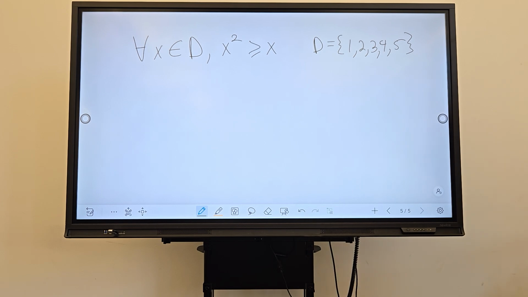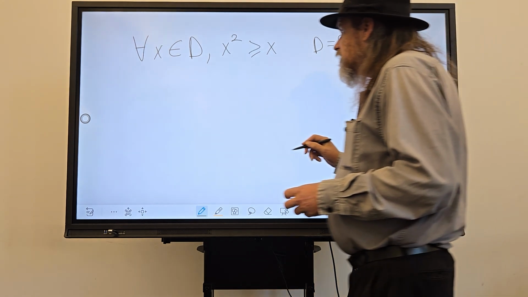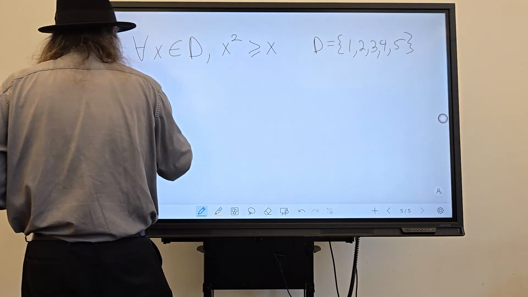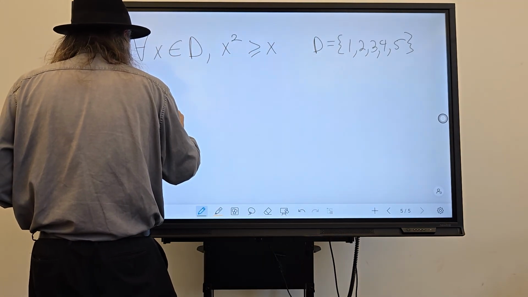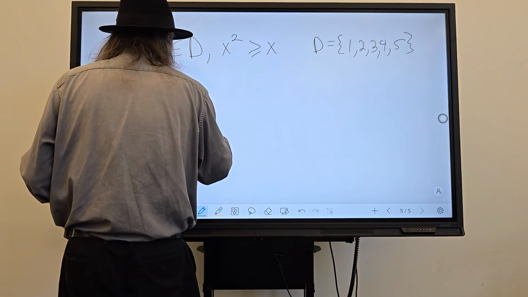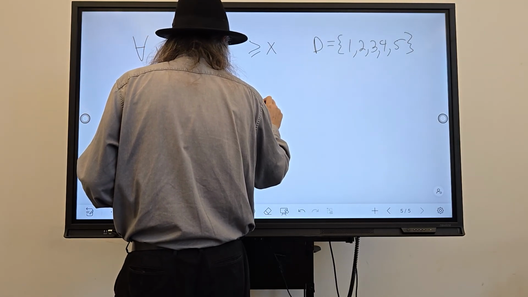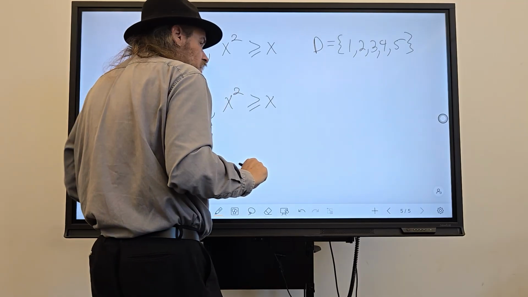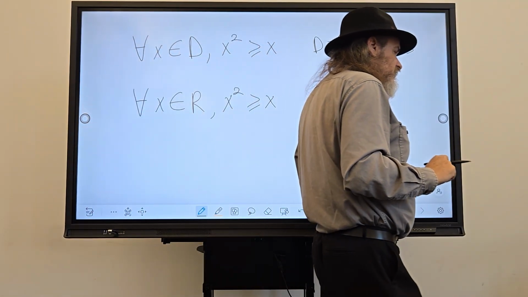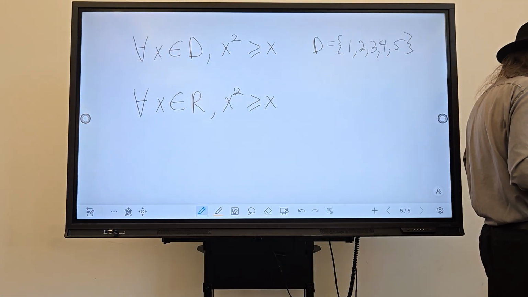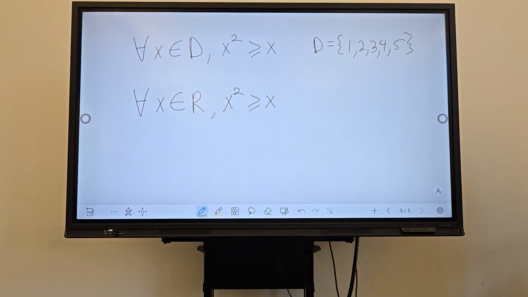So if x is an element of the real numbers, you can show that this statement is false by using a counterexample.